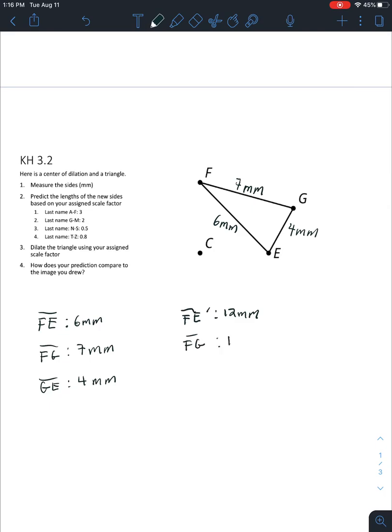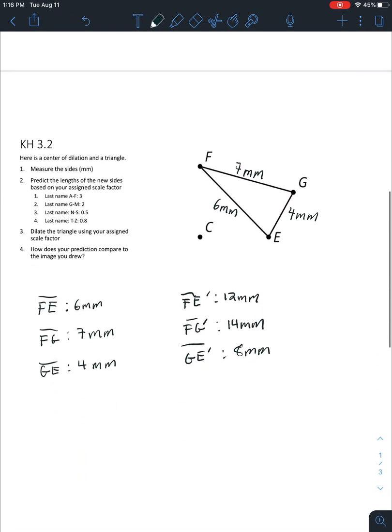FG would be 14 millimeters, and G prime E would be 8 millimeters. Sorry, that should have been G prime. And that's if a scale factor of 2.